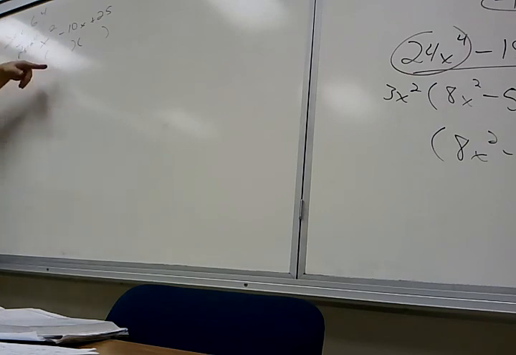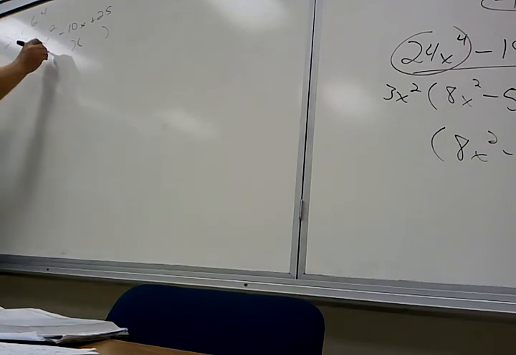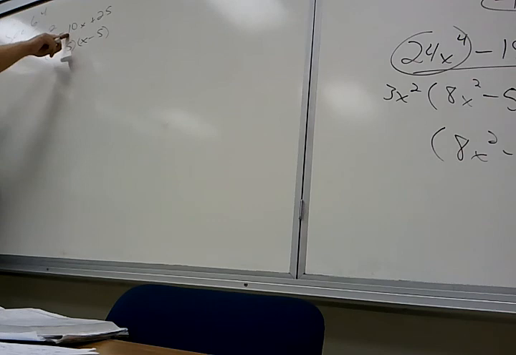This is not quite 6-4 yet, but I just want to show you an example. x and x, 5 and 5, negative, negative, right? Because negative 5 makes negative 10.